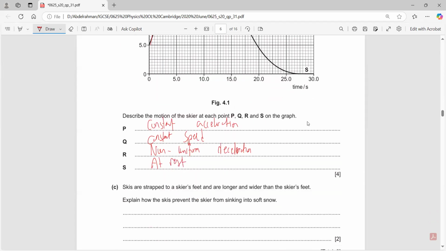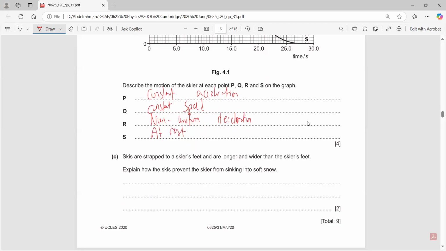Skis are strapped to a skier's feet and are longer and wider than the skier's feet. How does this prevent him from sinking into soft snow? Why do we increase the area of the base of this ski?